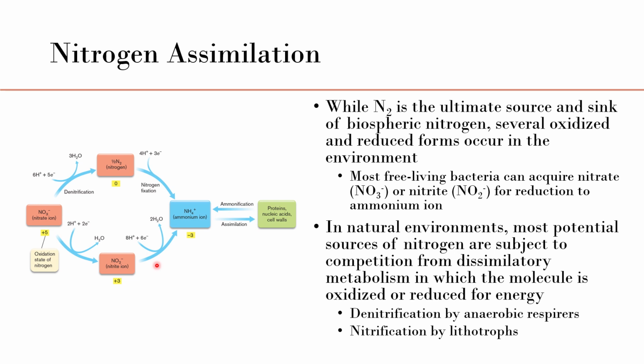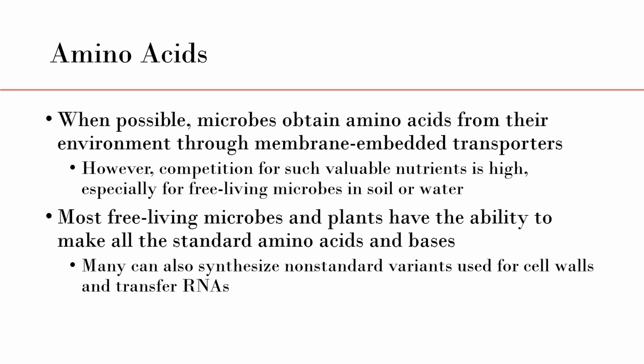We learned this a little bit in the lab as well, where we looked at the denitrifying bacteria and how the first step is to take nitrate and turn it into nitrite. Then that nitrite can be further reduced down to nitrogen gas that we saw, or it can be taken down to ammonia. And that ammonia is the one that will be taken up and assimilated by cells for biosynthesis.